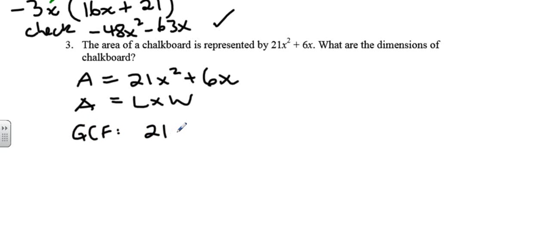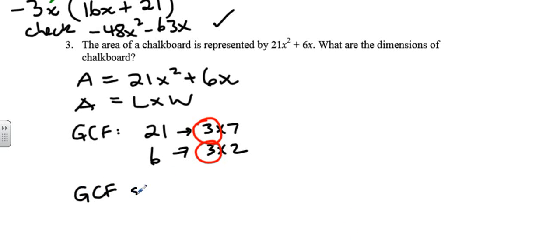All right, so what is the GCF of 21x squared and 6x? So 21, we can write that as 3 times 7, and that doesn't break down anymore. And 6 we can write as 3 times 2. Well, of course you can see that 3 is common. So the GCF of the numbers is 3.